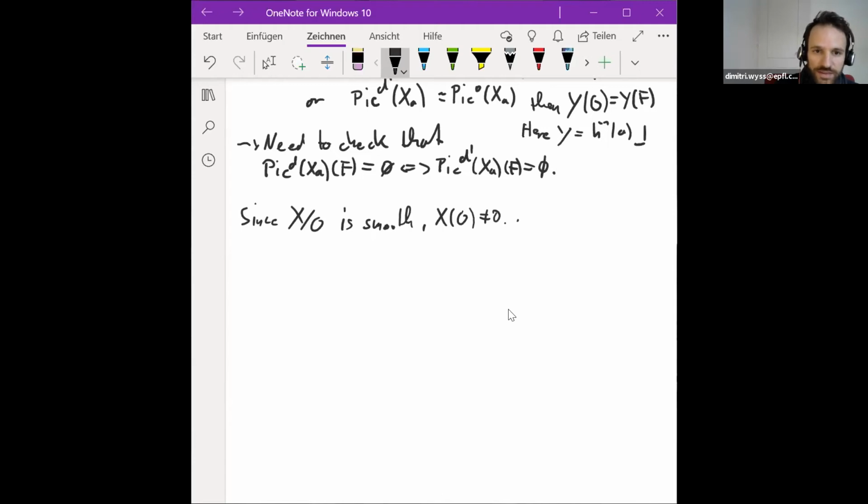And this having a point in particular implies that Pic^1 of X_F will be non-empty. A point will give you a degree 1 line bundle on your curve. Then you can pull back along this spectral map, and you see that you have a degree n line bundle on F. Always, right?